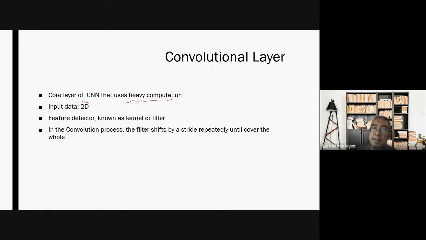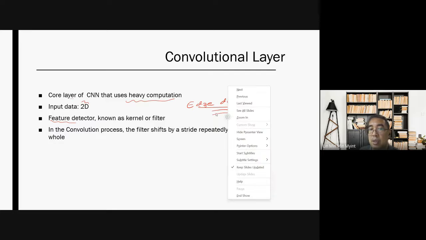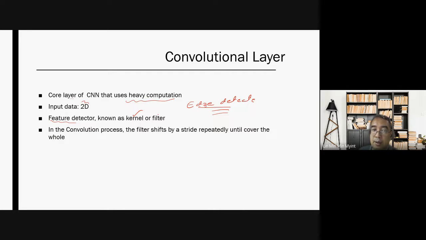After each layer in the convolutional layer, we have to use a feature detector, similar to an edge detector, and we have to use many of these. They are called kernels or filters.